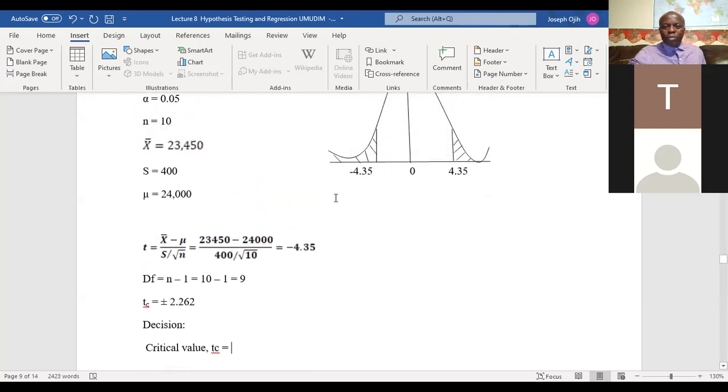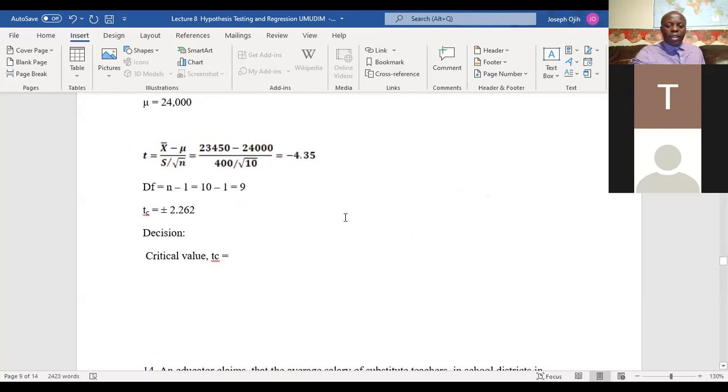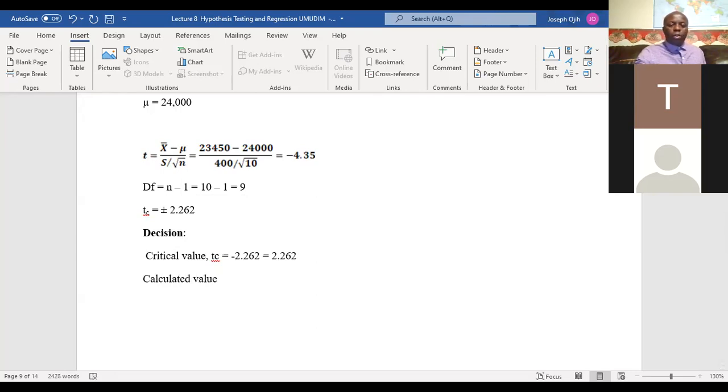So we'll be looking at only the side that is negative. So we have negative 2.262, which from your algebra class, the absolute value of this number is simply 2.262. And then our calculated value, the answer we have, equals negative 4.35, which the absolute value for that is simply 4.35.